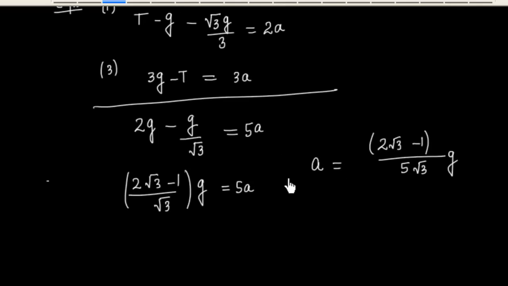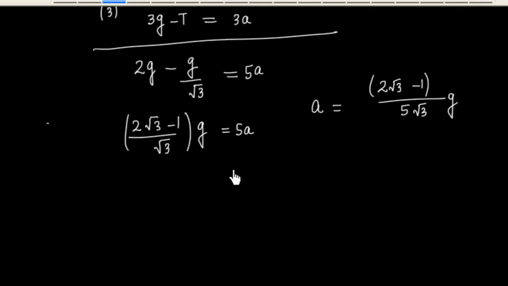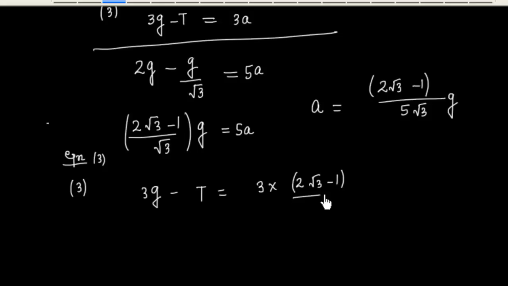Let us say if I use equation 3, so equation 3, if I plug the value of tension, equation 3, so we have 3z minus t, so 3z minus t is equals to 3a, so 3 times a, that is 2 root 3 minus 1 divided by 5 root 3 into z.